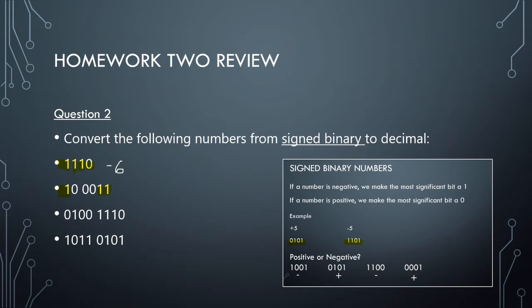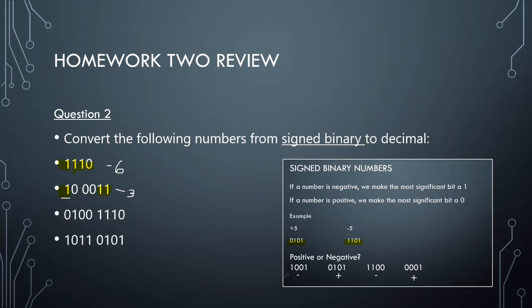So 1 plus 2 is going to be 3, and again we know it's a negative because of that most significant bit, so this will be a negative 3. Notice, again, just to reiterate, when you're converting from signed binary, it's not like 2's complement. You're not inverting, you're not adding. It's just like a typical binary to decimal conversion, except this most significant bit is representing the sign.